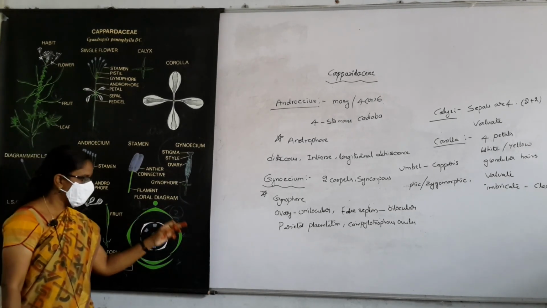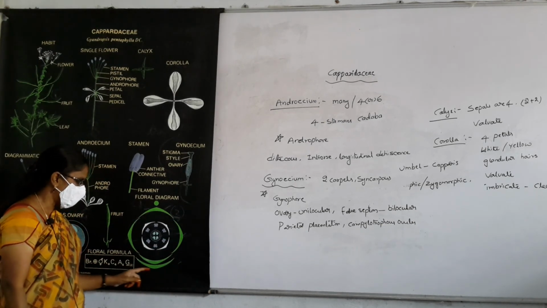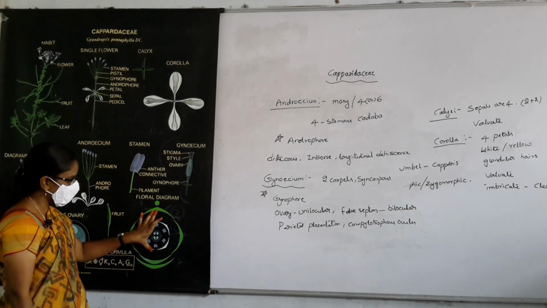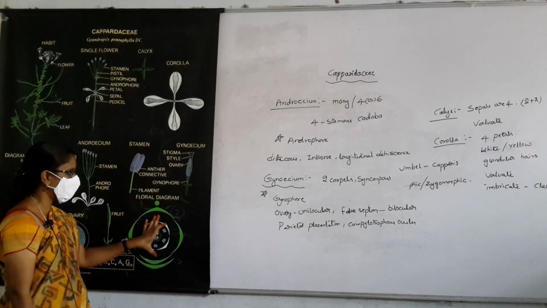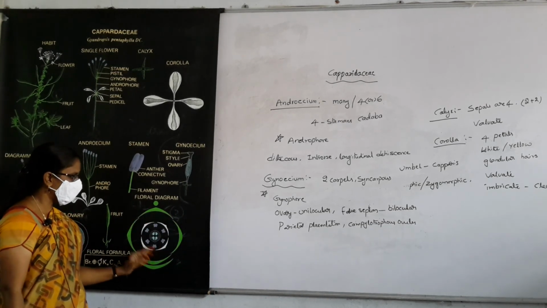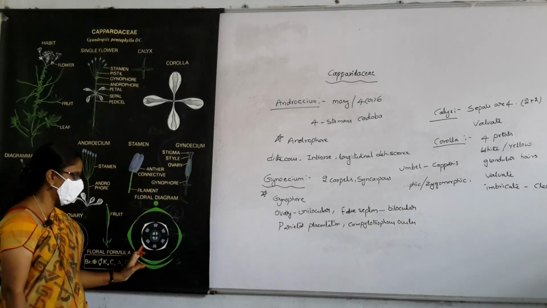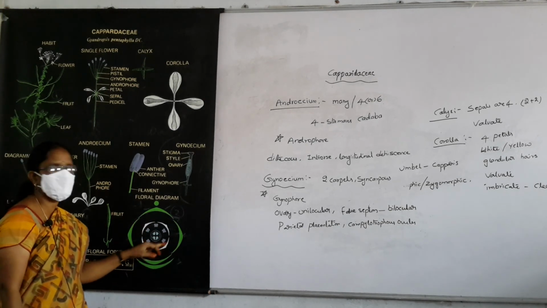And next, this is the floral diagram of Capparidaceae family plants. This is bracteate, and 4 sepals are present: 2 sepals on the outer side and 2 on the inner side. 4 petals are present, 1, 2, 3, 4. In Gynandropsis plants, 6 stamens are present.